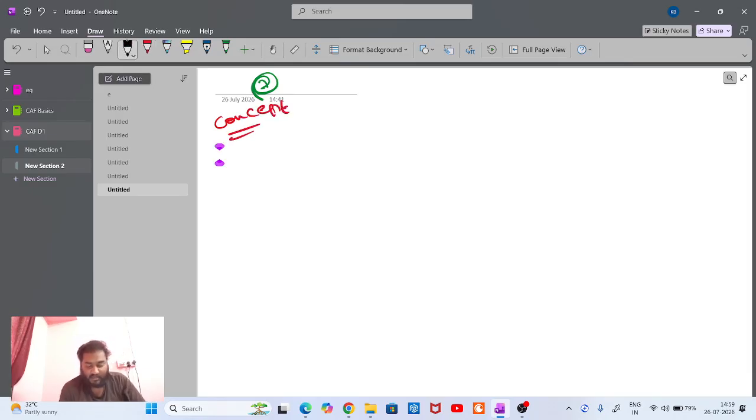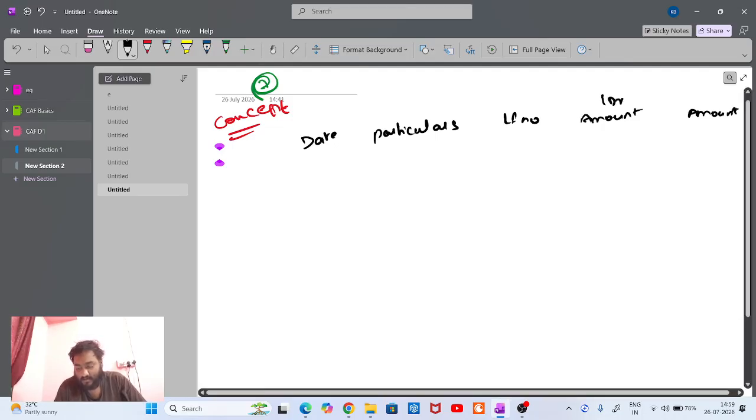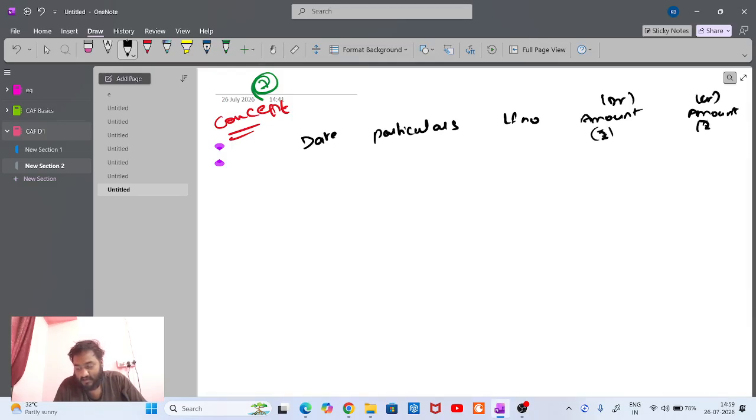If they ask journal entries in the exam, you should follow the format, the proforma: date, particulars, ledger folio number, amount, amount, which is debit and credit. Always remember whenever there is an amount, write this in. Okay, remember this.